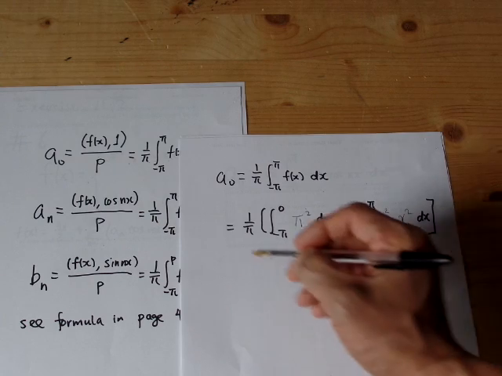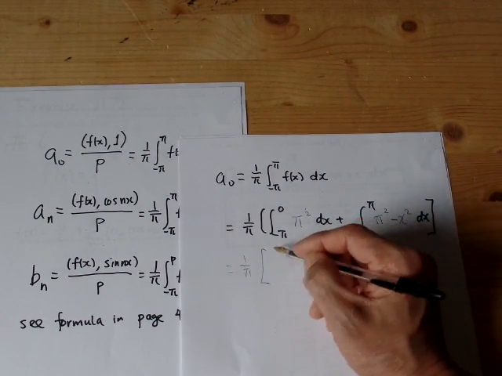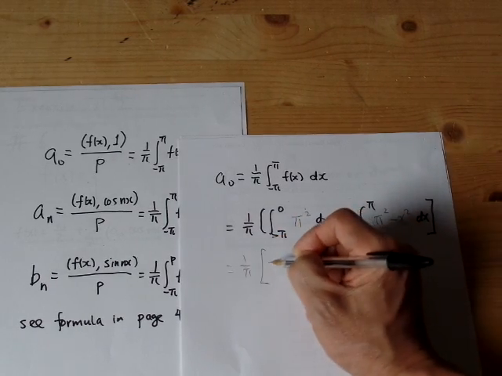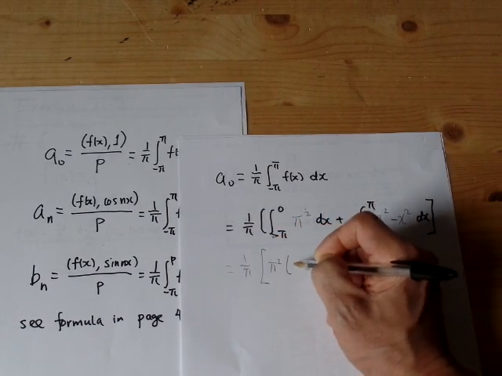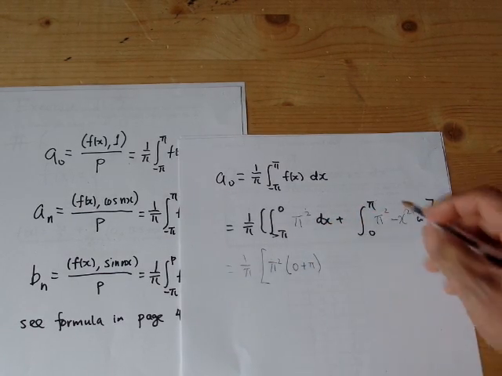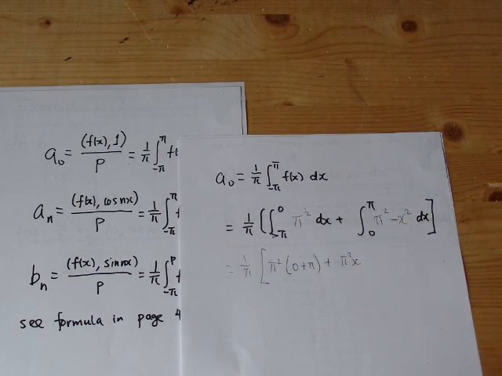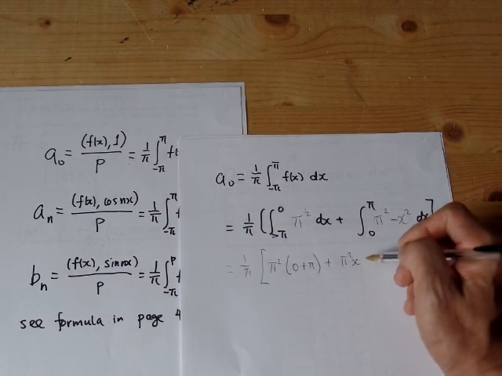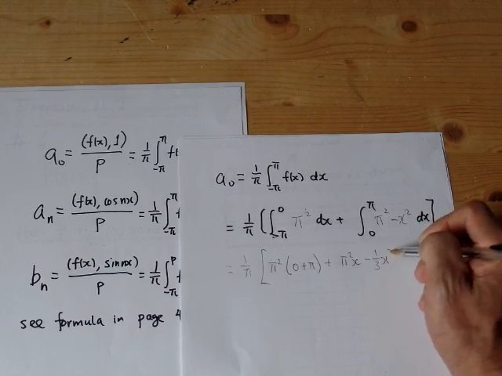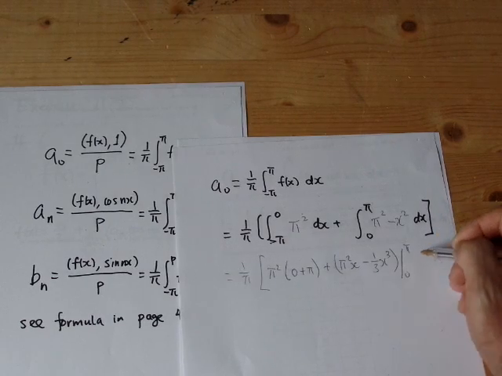So if we do the integral, we'll get 1 over pi here, and this is just pi squared multiplied by 0 minus negative pi. This will be pi squared x minus 1/3 x cubed from 0 to pi.